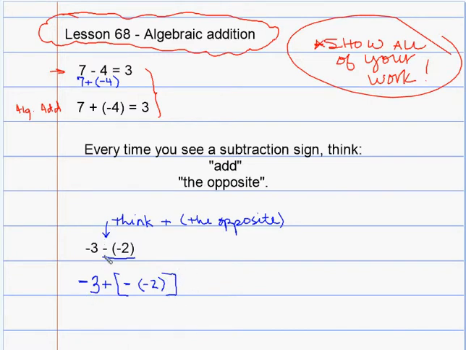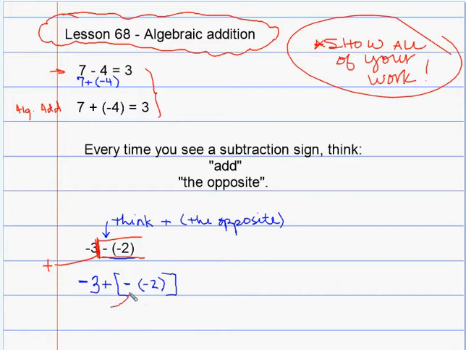Because all we're doing is we're going to add, there's an addition sign in there, and then we're going to say the opposite of negative 2. Okay, so we're just inserting, let me see if I can show you, right here, we're kind of breaking this in two, and we're going to put a plus sign in there. So it's going to be whatever this is, and then plus the opposite of negative 2.